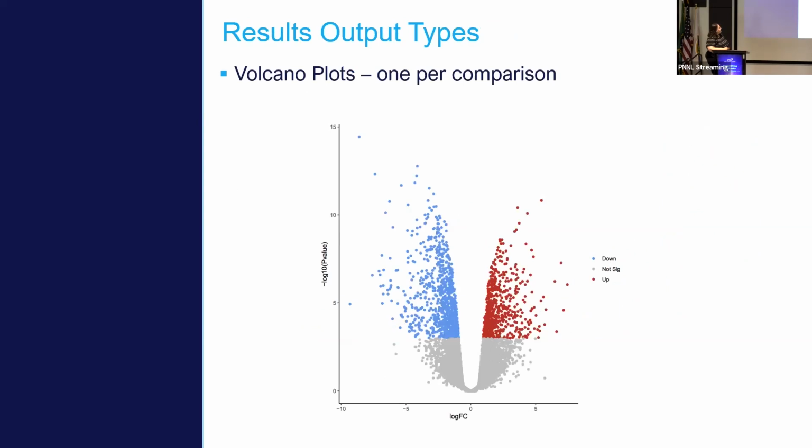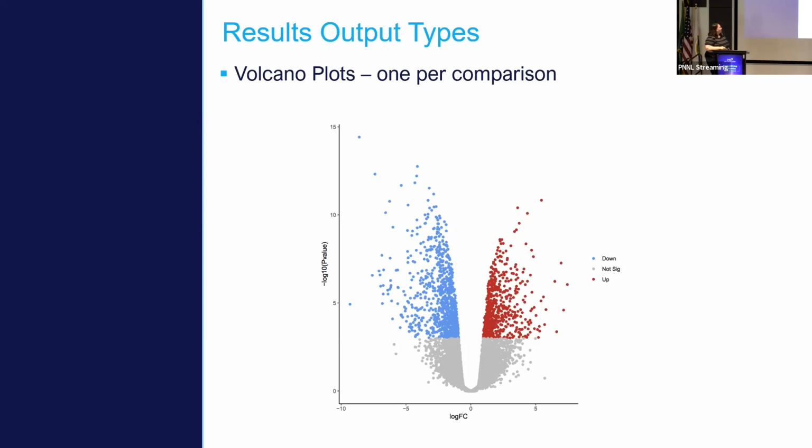The typical results that you're going to see from this, this is leading into Jason, who's going to talk next. But the typical output types you might see at first glance from a statistician are things like volcano plots, where we look at the log fold change versus the negative log p-value. If you're doing something like soil data, this becomes basically just a Rorschach test, like just ink blots.